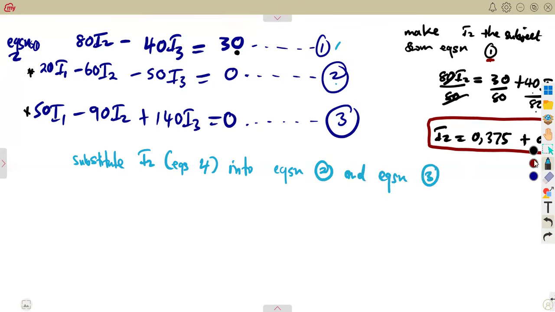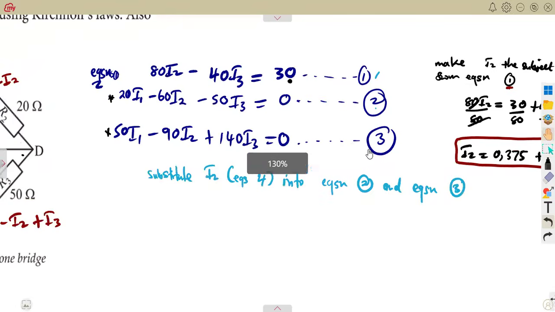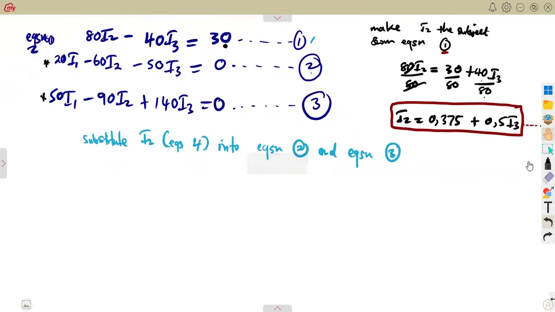All right, let's see what's going to happen if you do that. Remember, this is our I2 here, so you're going to substitute this. Let's start with equation 2. From equation 2, it is given as 20 I1 minus 60 I2. So that's minus 60 times I2, and this is your I2.